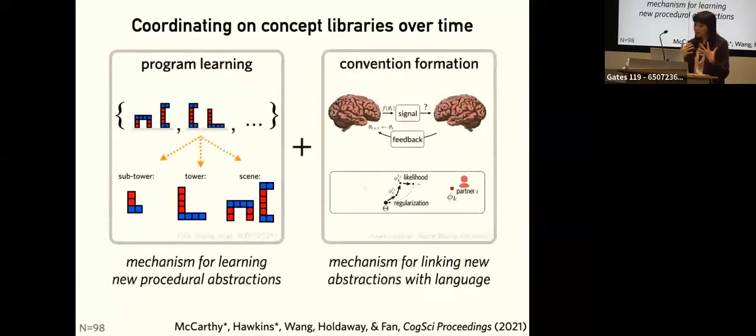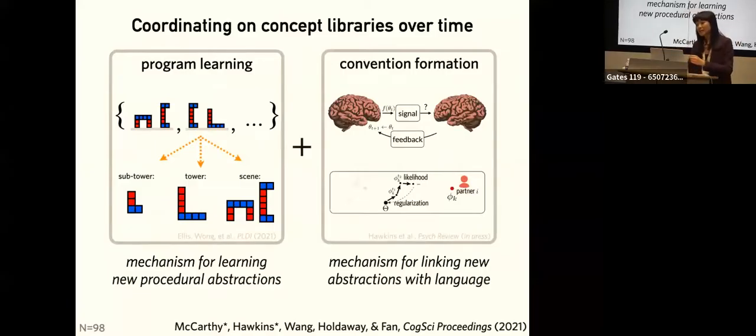And we modeled this learning behavior by combining 2 mechanisms as a proof of concept. The first mechanism is one that incrementally discovers recurring subroutines in the underlying graphics programs that were used to generate each scene across trials, and that mechanism augmented the concept library with new part concepts over time.